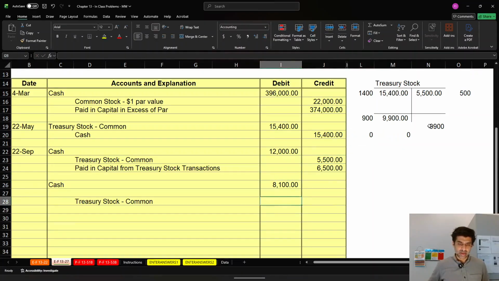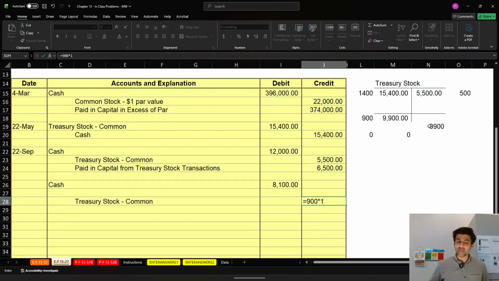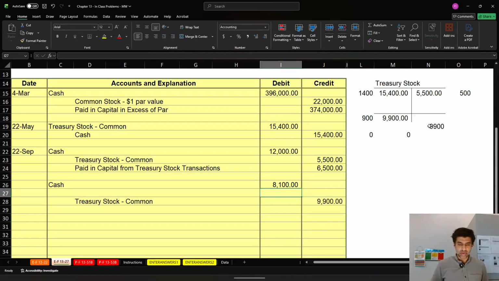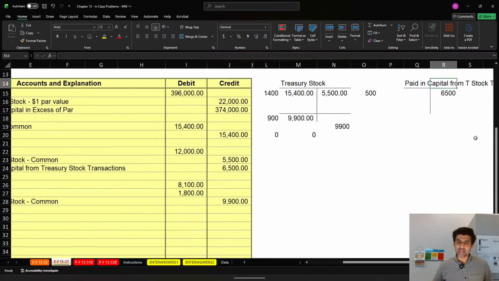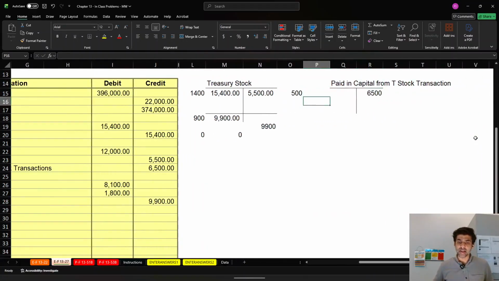And again, we can confirm that by doing 900 shares times our cost basis of $11 per share. And then in order to make this journal entry balance, we're going to need an additional amount of debit. And remember, if there's a balance in this paid in capital from treasury stock transactions, we're going to take it out of this piggy bank. This is gain.